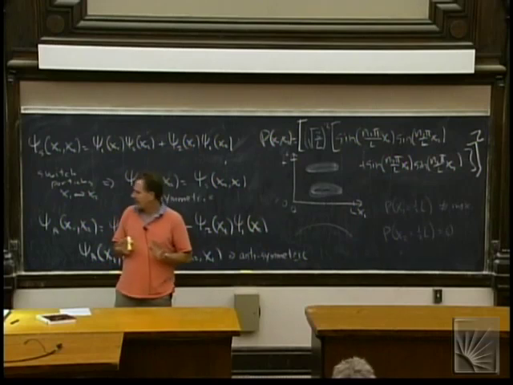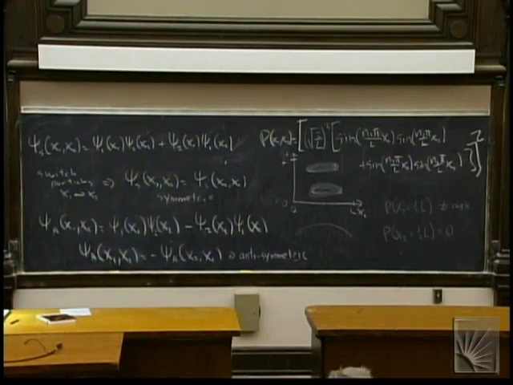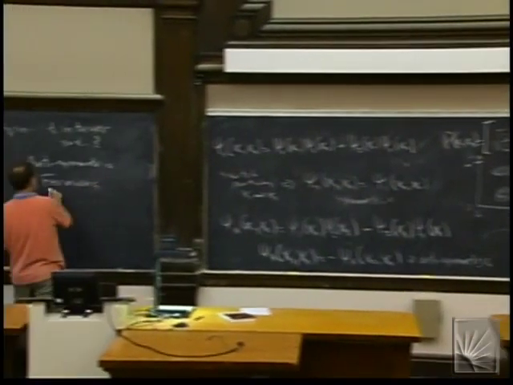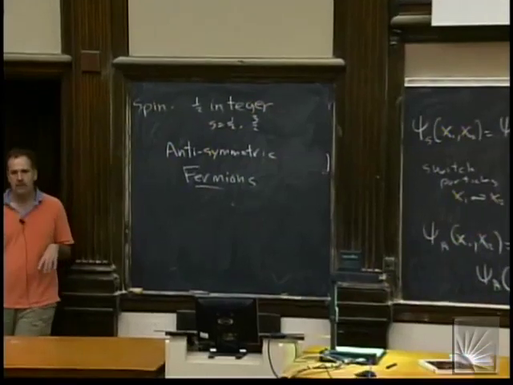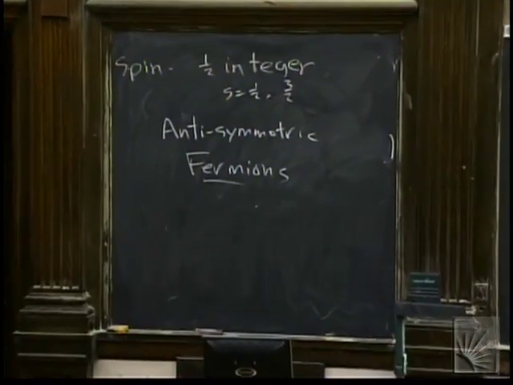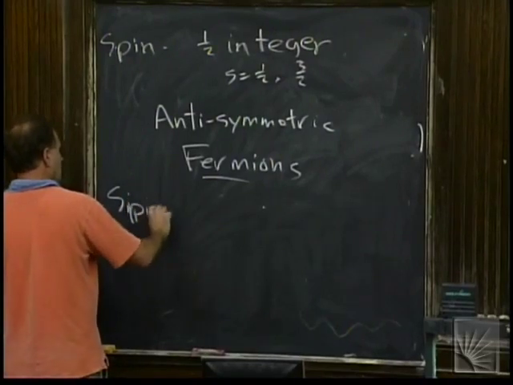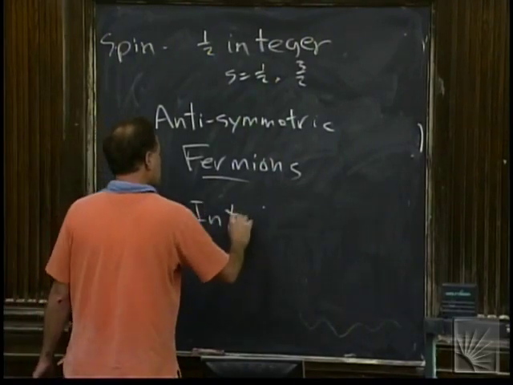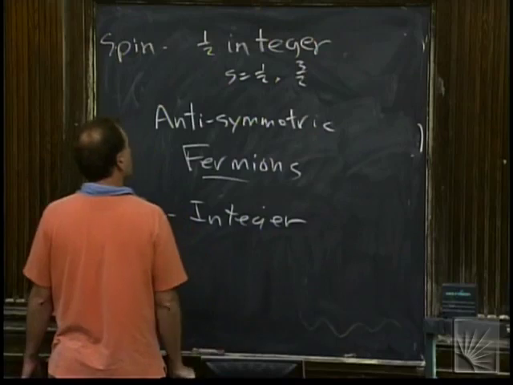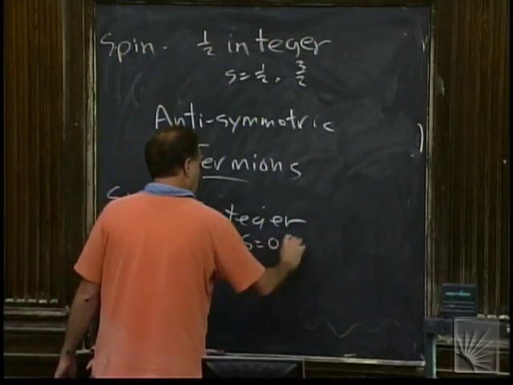And there's a word for this, and it's called fermions, after the great physicist Enrico Fermi. If the spin is integer, so this could be s equals 0, 1, 2.